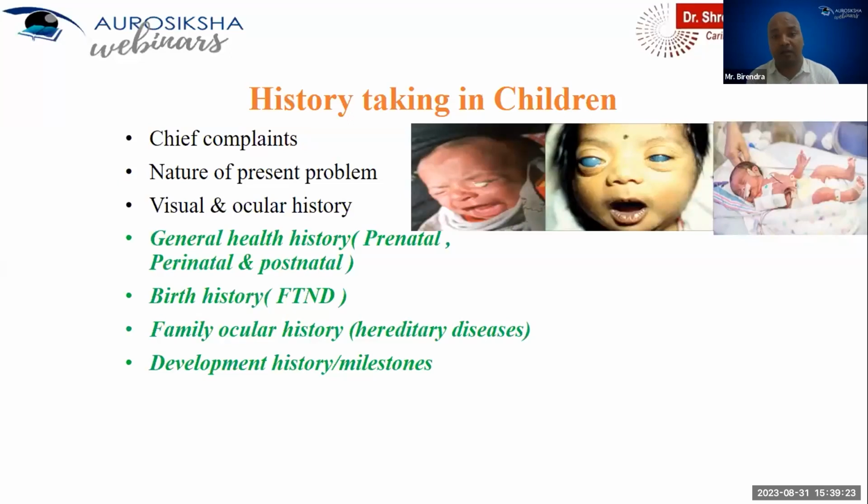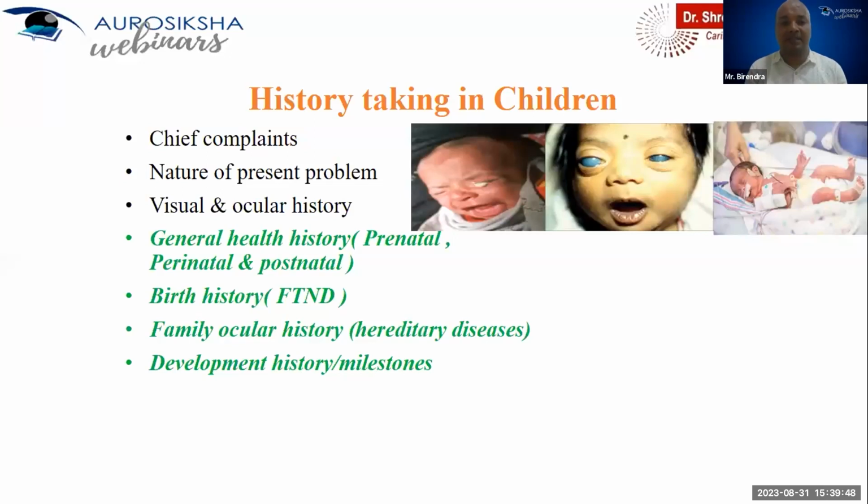You need to ask the parents about the prenatal, perinatal, postnatal and birth history. For example, if the child was born before 9 months of gestational age, it can be a risk factor for developing ROP.